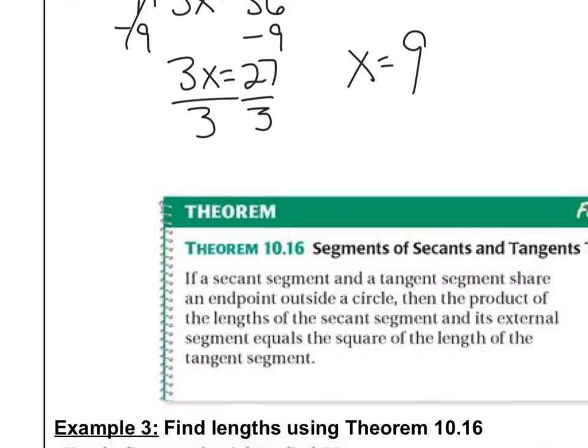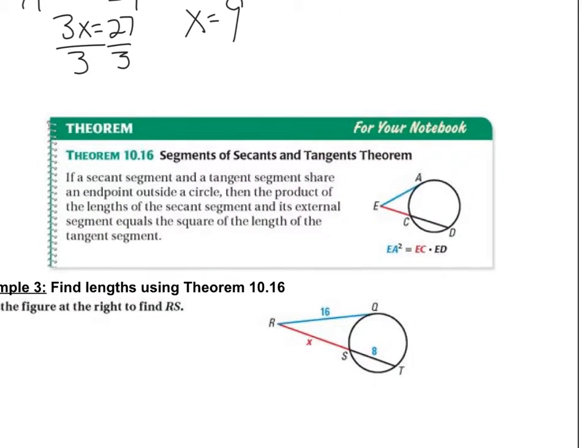That was 1015. Okay, and last, 1016 now talks about when you have secants and tangents. So if a secant segment and a tangent segment share an endpoint outside a circle, point E, then the product of the lengths of the secant segment and its external segment is equal to the square of the length of the tangent segment.